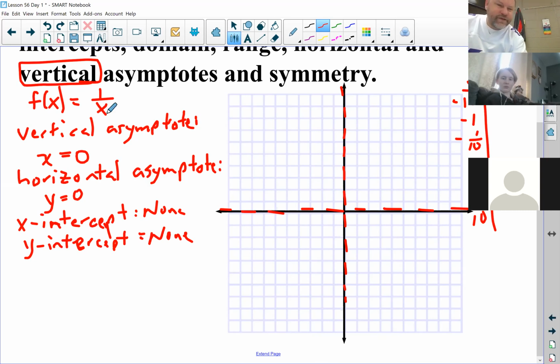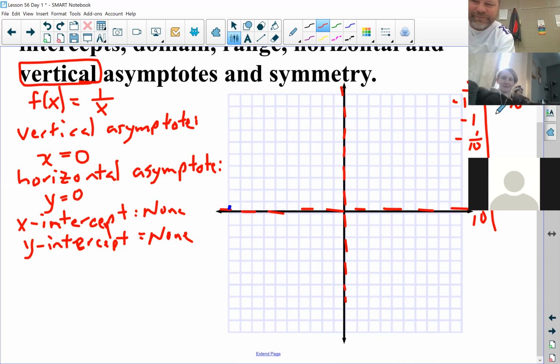So if I take -10 and plug it in to 1/x, I get -10 in the denominator, so it's -1/10. I'm going to switch colors for this just to show that. And if I plug in -1, what value do I get? 1 divided by -1. -1.